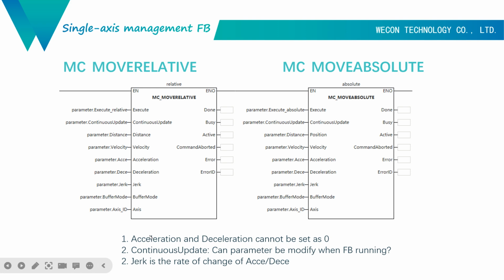You could see here are many inputs of these two function blocks, but they are similar. For example, this move relative is a relative motion, and this input is continuous update.